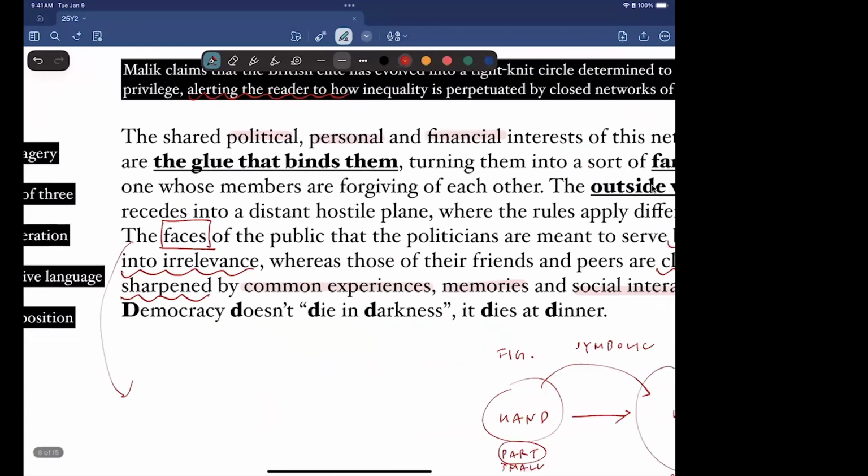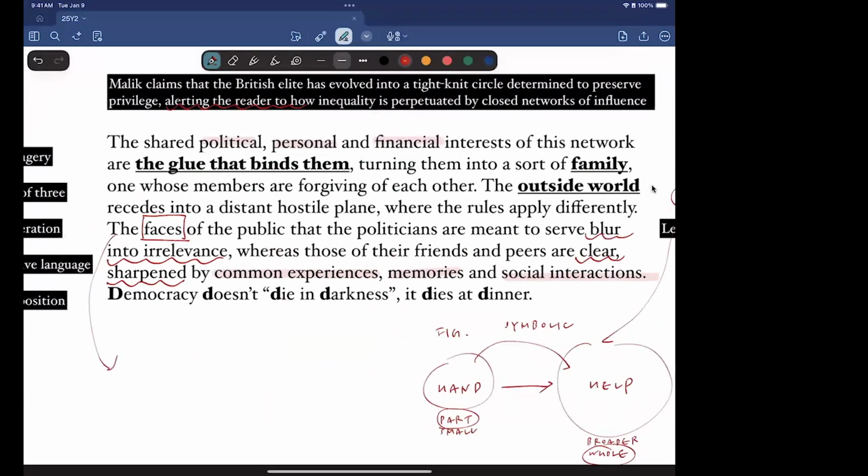So then, let's see, it says the faces of the public blur, but literally, guys, is the author saying, oh no, their faces are blurring? Do you think that's what the author is talking about? Is it really face that's important, or is face part of one's identity, part of one's humanity? Does that make sense, guys?